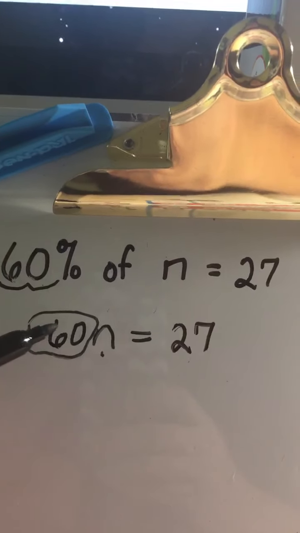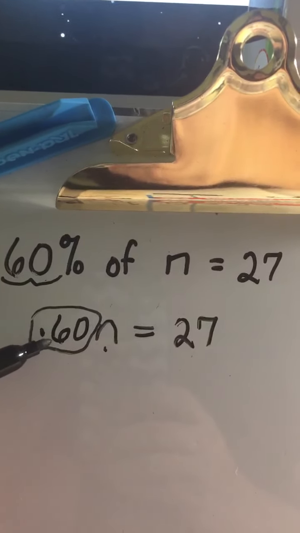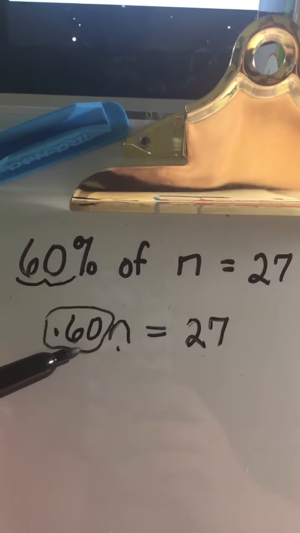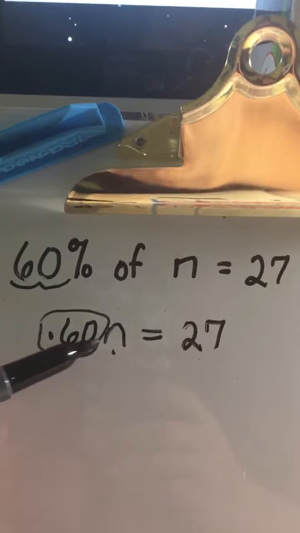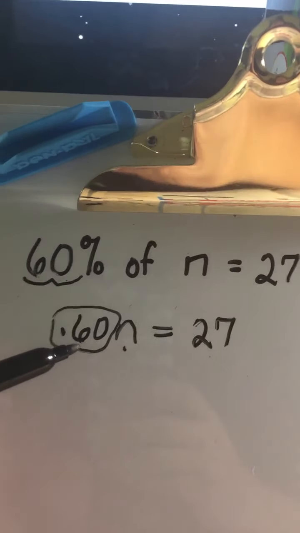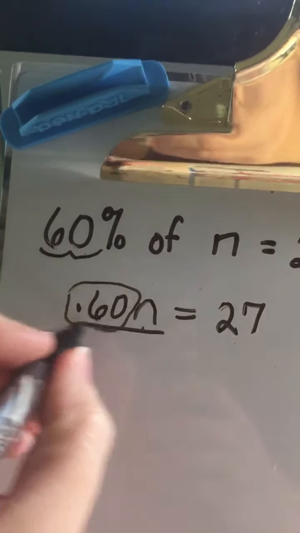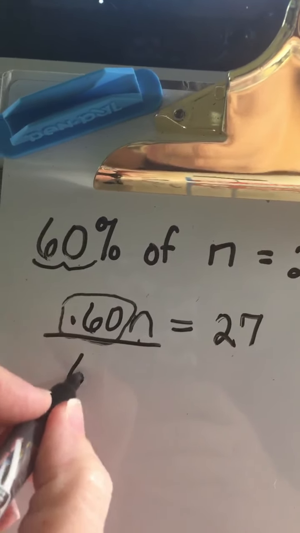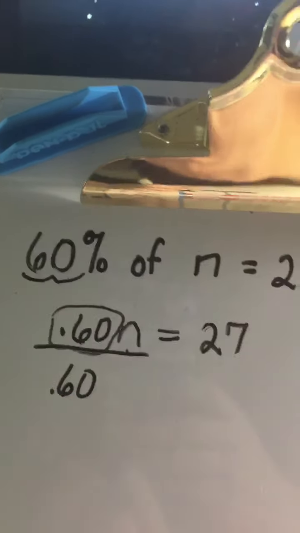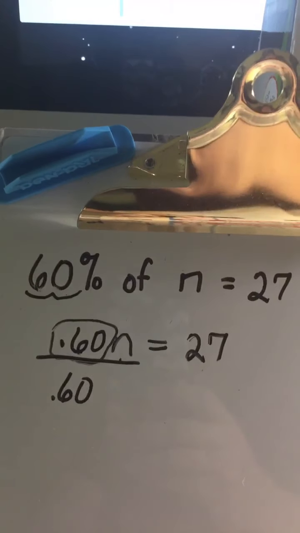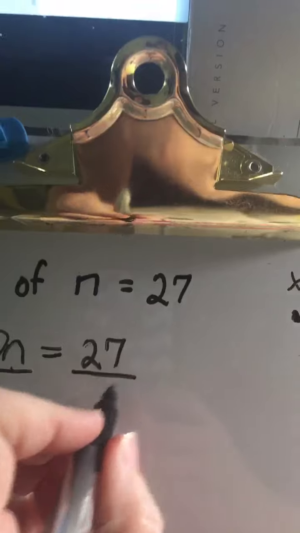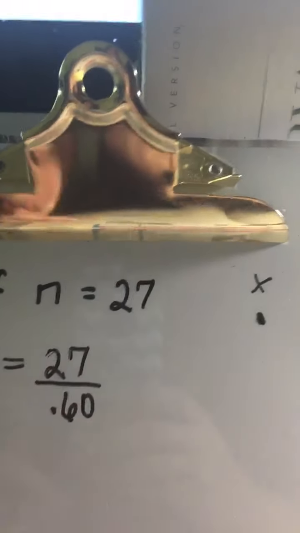So in order to get rid of this 0.60, you're going to do the opposite procedure. Well, the opposite of multiplying is dividing. So we're going to do 0.60 divided by 0.60. Okay? And what you do to one side, you need to do to the other.